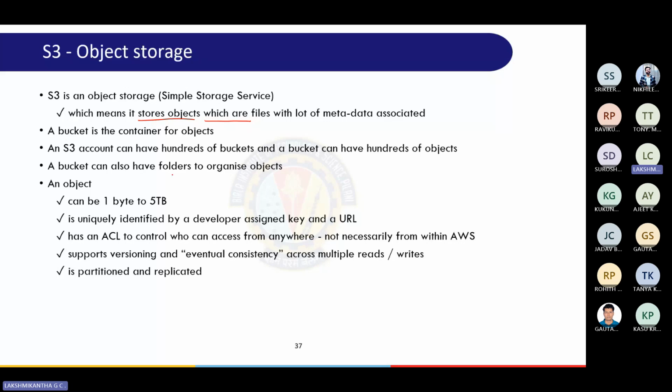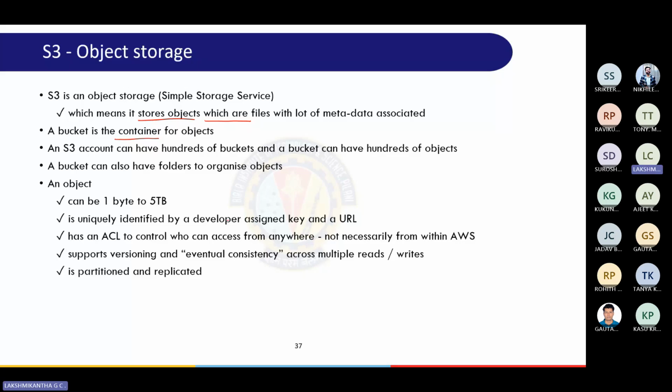And the second very, very important thing you have to remember here is the container. Okay, guys, a bucket is the container for the object. Correct? An S3 account can have hundreds of buckets, and a bucket can hold hundreds of billions of objects. Then what do you mean by objects?